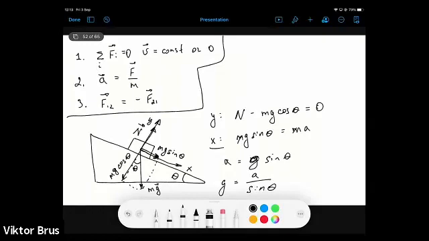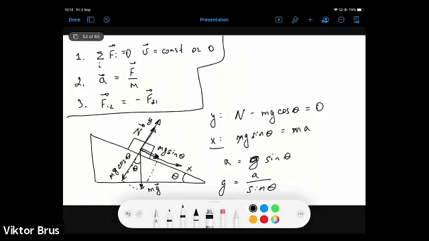So this acceleration a will be very small. We can measure it easily and accurately. And then by knowing this small acceleration and angle theta, we can accurately calculate the value for g.